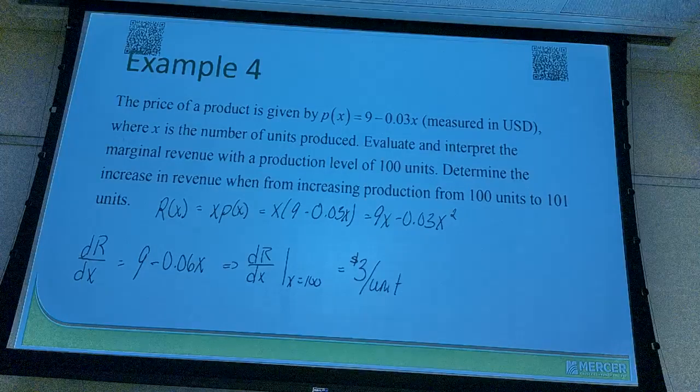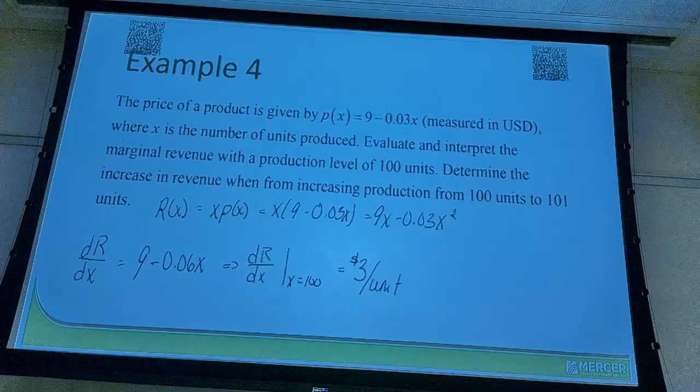Not exactly. You want to say approximately. You would expect to gain about $3 for each extra unit produced beyond the 100, which would increase revenue by approximately $3. But again, you have to be careful because you don't want to say, oh, well, that means I make 20 more units and I'm going to get $60 more. Because that's too far away from the marginal.